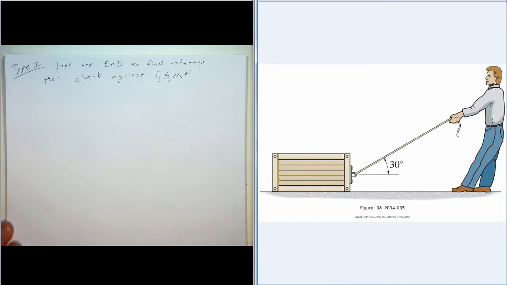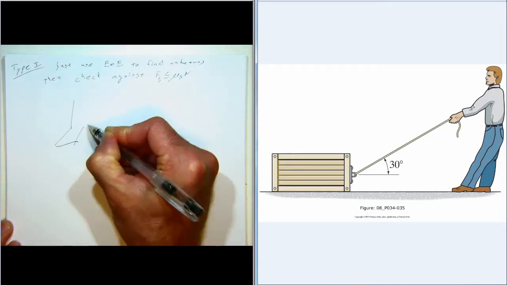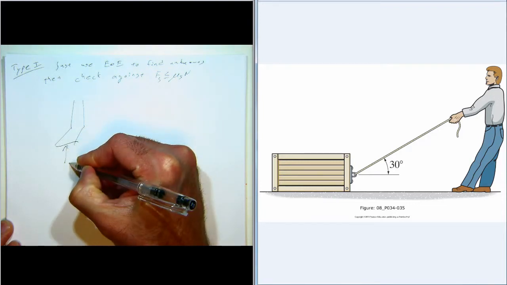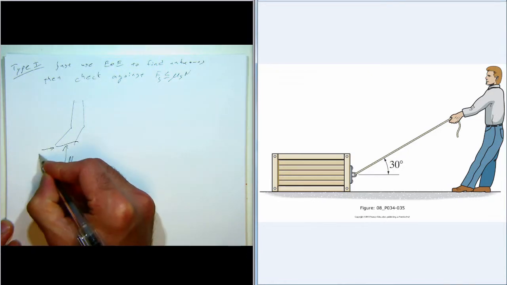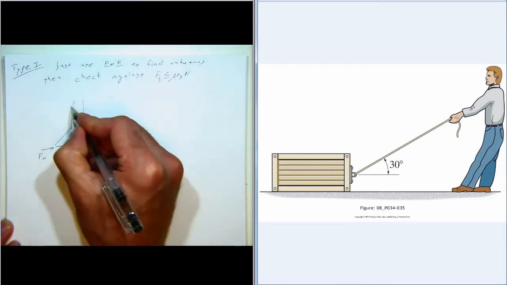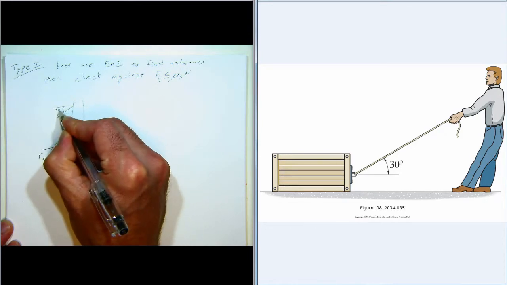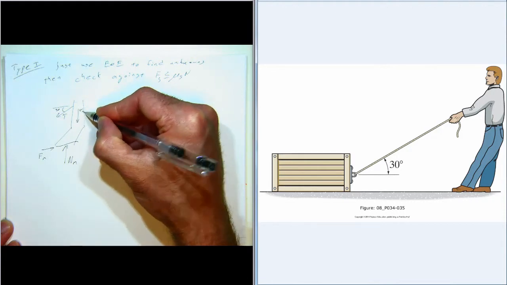So here's the free body diagram for the guy. There's my person. Normal force on the man. Friction force on the man. There's the tension in the rope, that's 30 degrees, and the weight of the man.